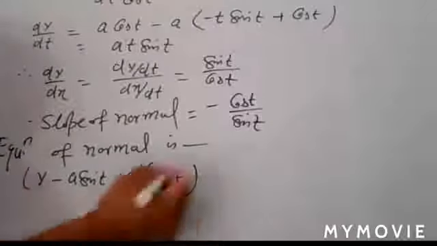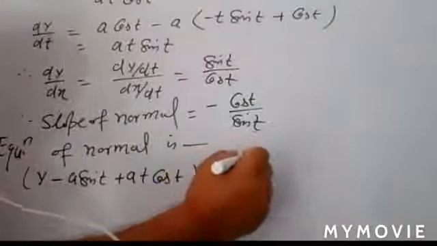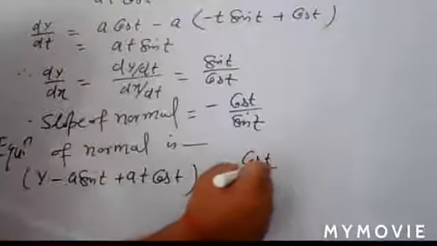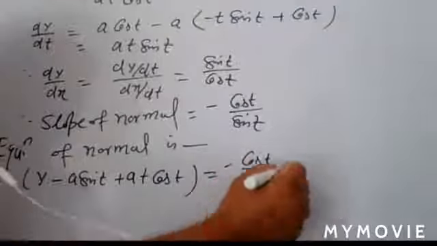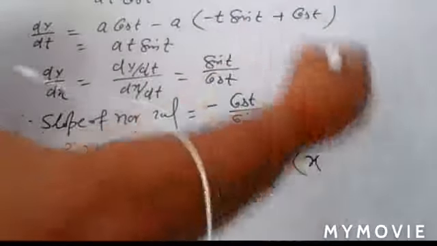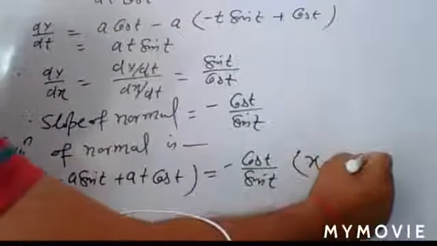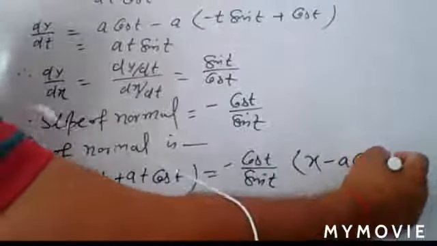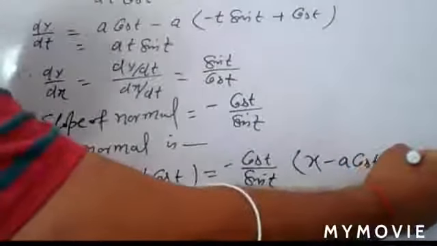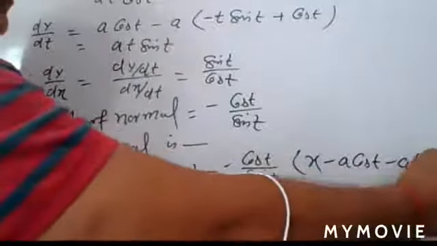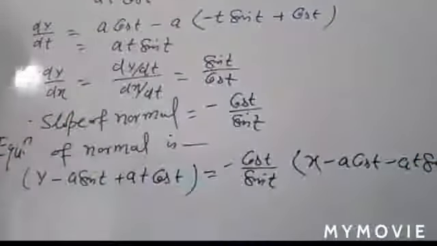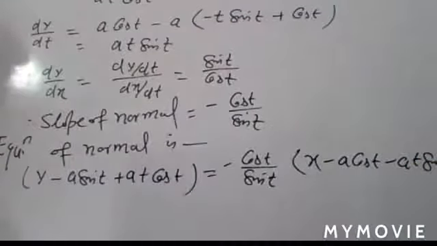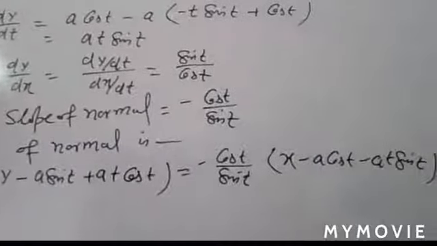So here you have y minus y1 is equal to m, the slope of the normal, minus cos t upon sin t, into x minus x1. So x minus a cos t, and here you have minus a t sin t. Yeah, note it.